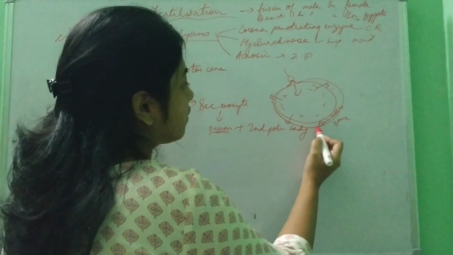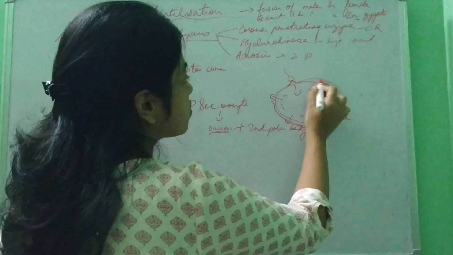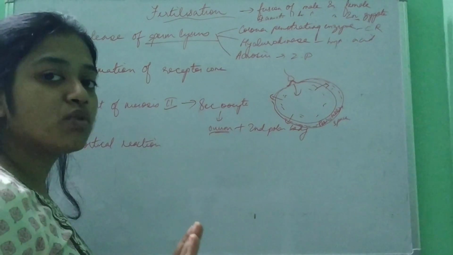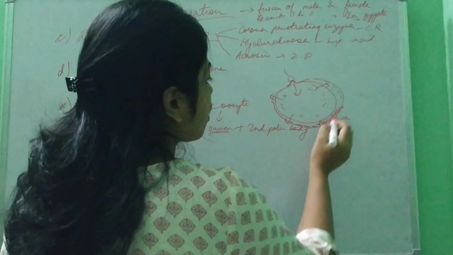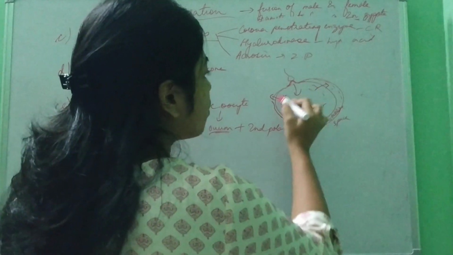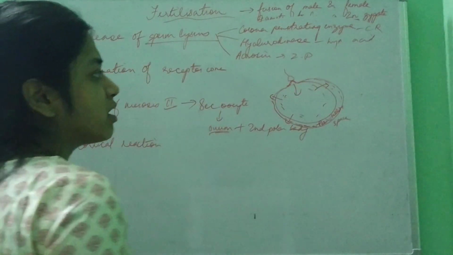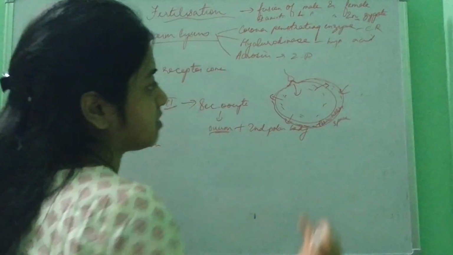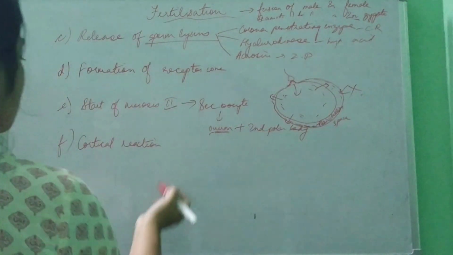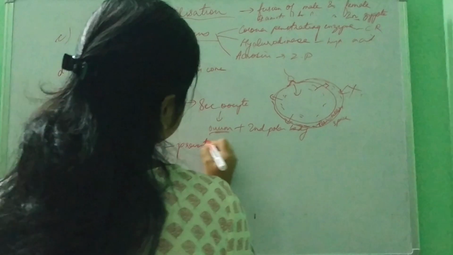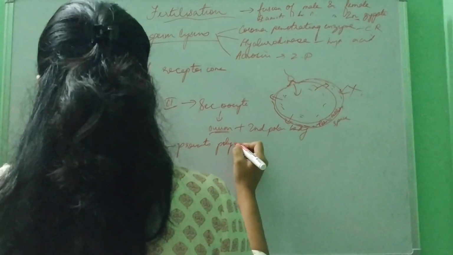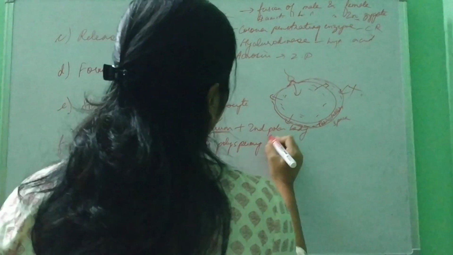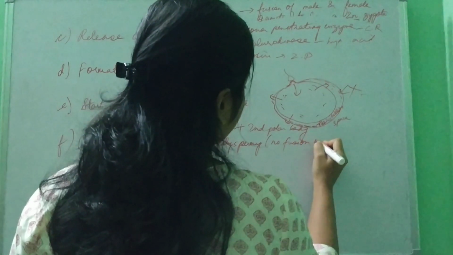Now what will these cortical granules help with? Because already one sperm has entered, we don't want any more sperm. As soon as this cortical reaction occurs and the cortical granules form a layer in the perivitelline space, no more sperms can enter. So this cortical reaction prevents polyspermy. Polyspermy means fusion of more than one sperm.